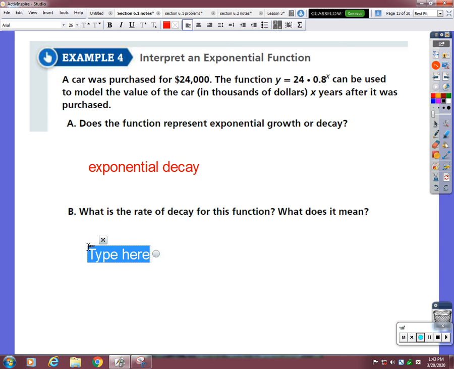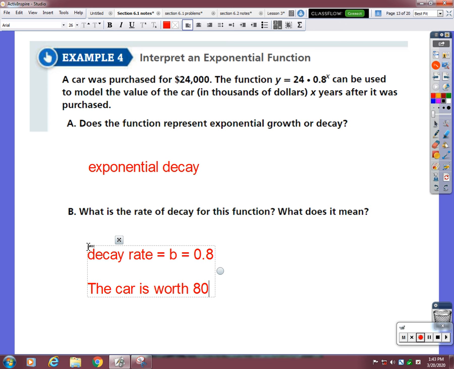For part B, what is the rate of decay for this function? The decay rate is equal to b, which in this case is 0.8. That's what we're multiplying by each time. What that means is the car is worth 80% of what it was last year.